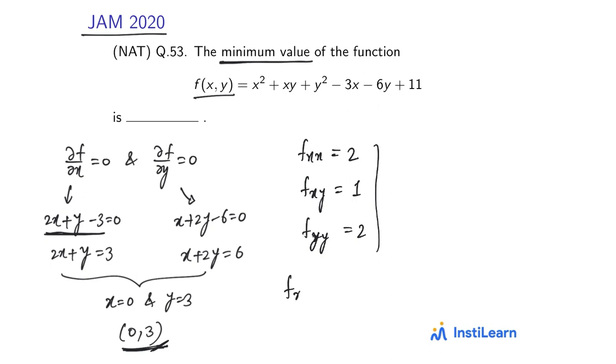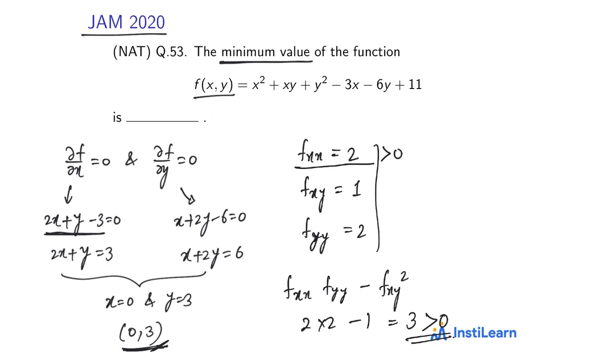So what is the value of fxx times fyy minus fxy square? It is 2 into 2 minus 1, which is 3, which is positive. Now we have to check whether fxx is positive or negative. It is positive, so it has to be the point of minimum.